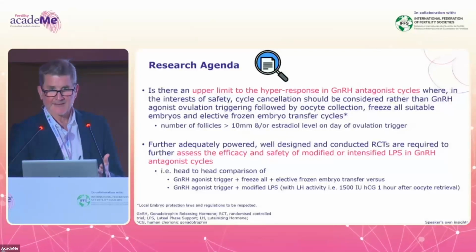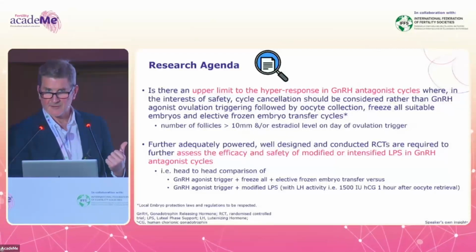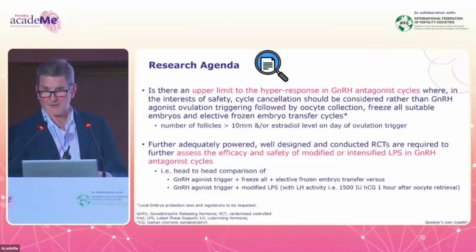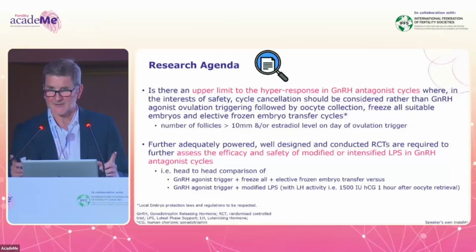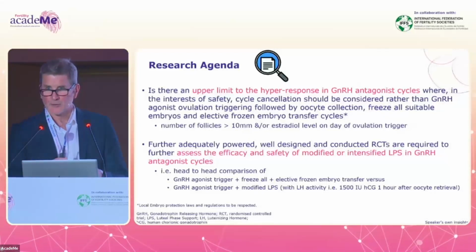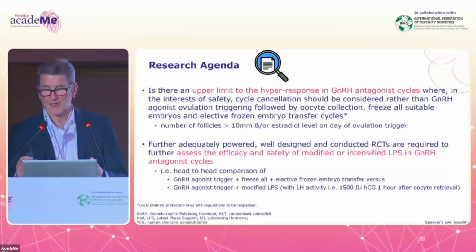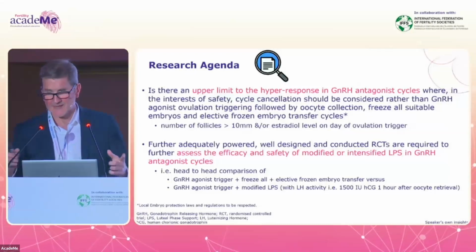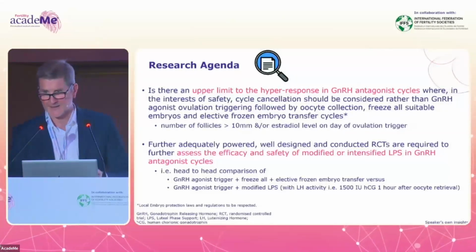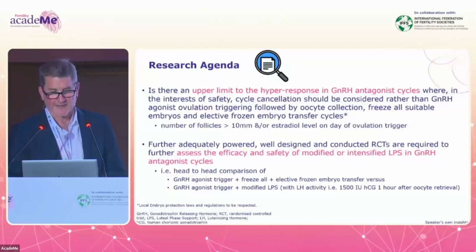Because currently, with the data I was speaking to you about, modified luteal phase support compared to standard luteal phase support, even though there's been no evidence of a difference in efficacy, clinical pregnancy rate or live birth rate outcomes, the confidence intervals have been really wide. And so it's uncertain. We can't exclude that one is actually better than the other in terms of efficacy.